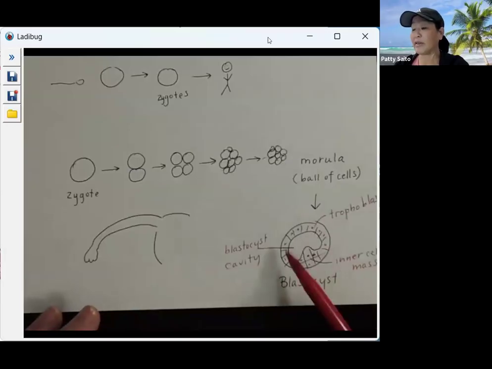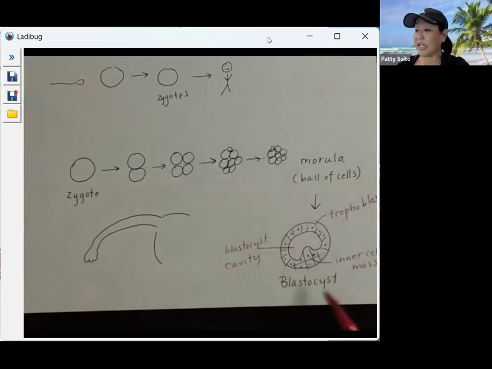And the trophoblast here is just going to nourish in this area. This inner cell mass will undergo changes. It will organize, form two layers of cells, and then three layers of cells and begin organizing. All right, so this is the morula, this is the blastocyst.